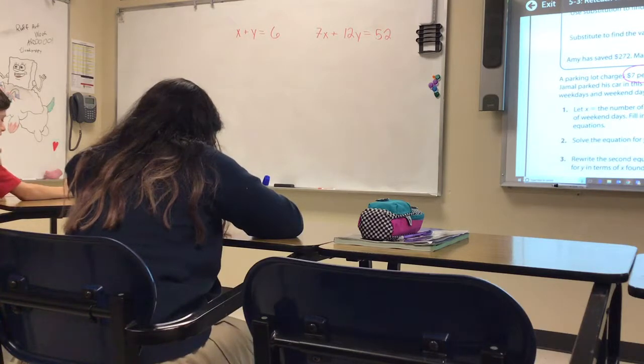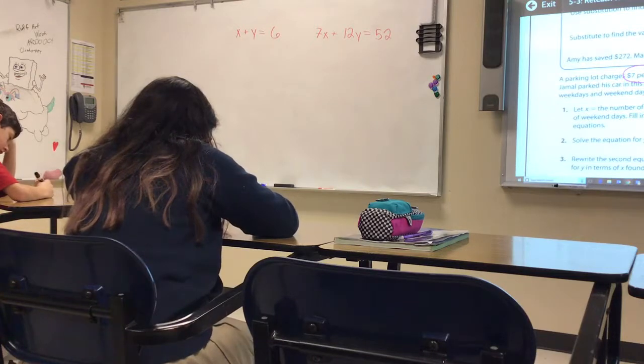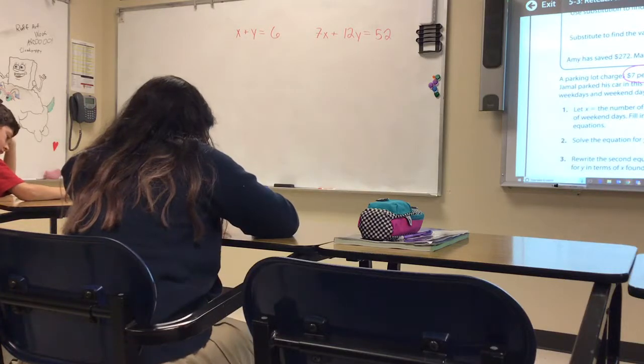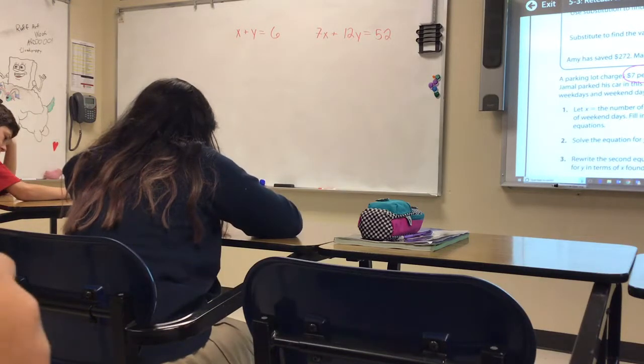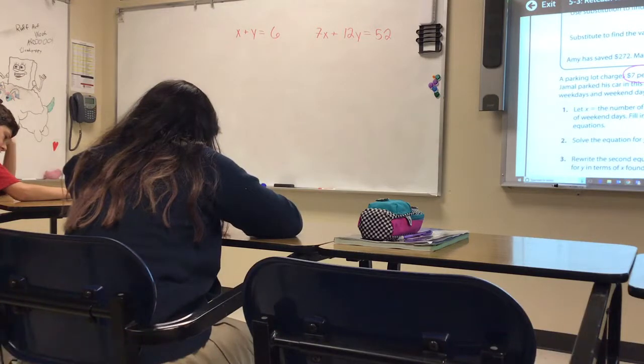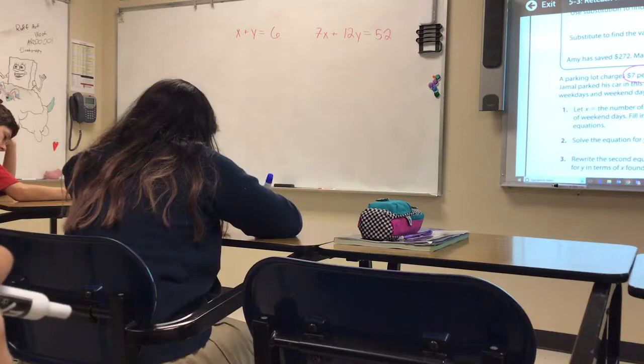Oh, wait, that's not good. That should be minus 5. 7 minus 12 is negative. That should be a 5 right there. The rest of it's right.